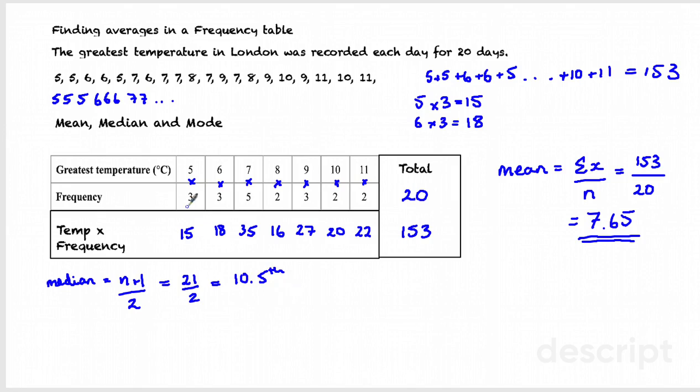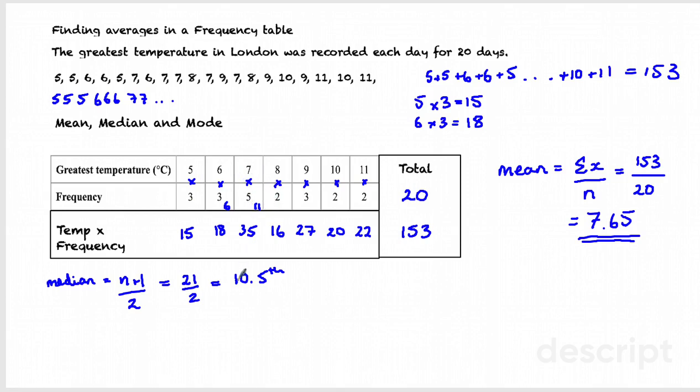So here I want to take a look at where I find the 10th number. I've got 3 here. I add on 3 more, so I've got 6 numbers altogether. I could look here, I've got my 3 5s and my 3 6s, 6 numbers altogether. Add on 5 more, I've got 11 numbers. 3 5s, 3 6s and 5 7s, 11 numbers altogether.